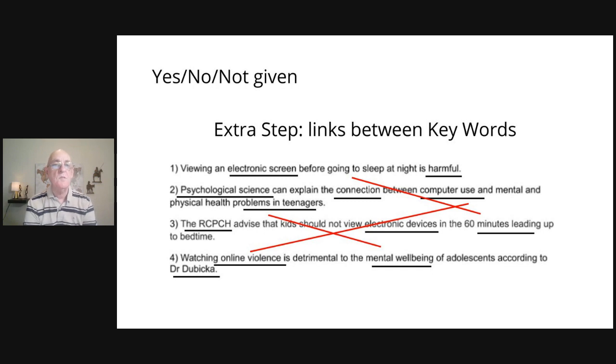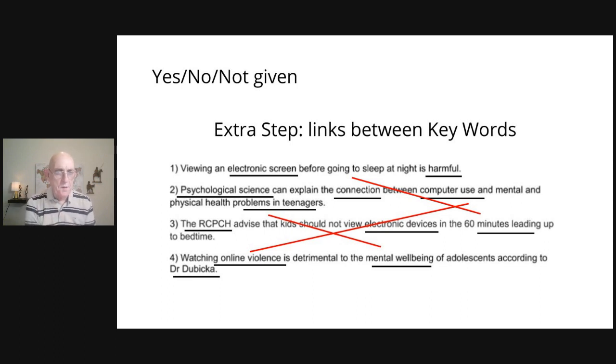We see a connection between problems and teenagers. What's one type of problem that might be discussed is mental well-being, because also identifying these links helps us see that in one case, we're just concerned about overall problems, general problems with teenagers. But the difference between number 2 and number 4 is that number 4 is very specifically talking about mental well-being.